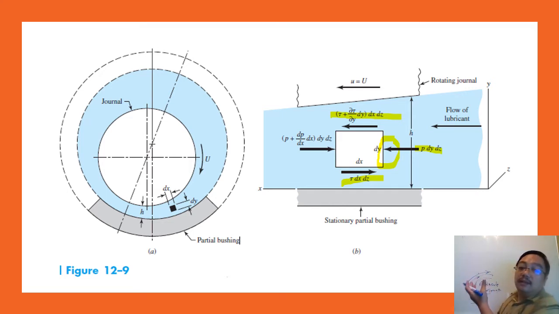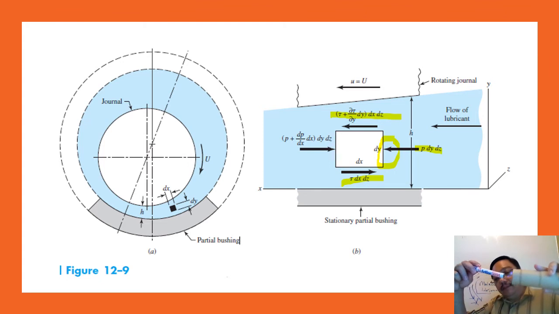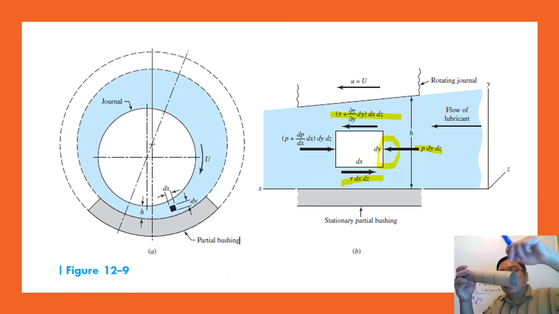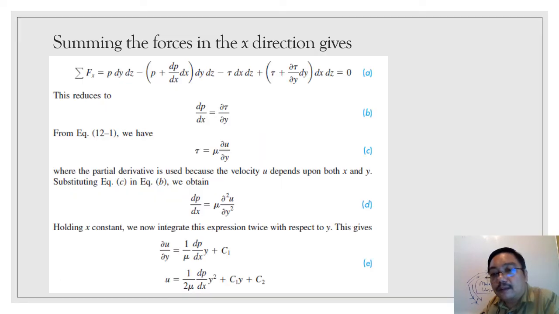This is how they make the theory. You assume the theory happens like that. Okay. So and then this is the rotating journal, like my marker pen rotating like this. This is the rotating journal. Okay. U is the velocity of the lubricant flowing. Velocity of lubricant. Okay, coming from the left to the right. So that is how you understand the theory.